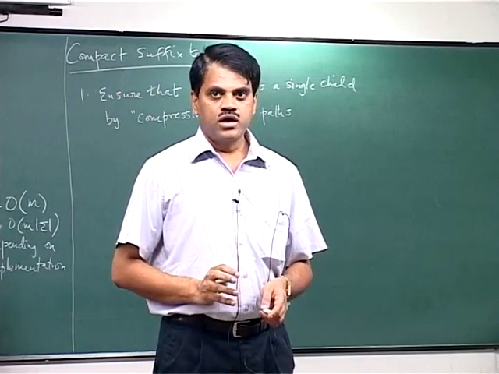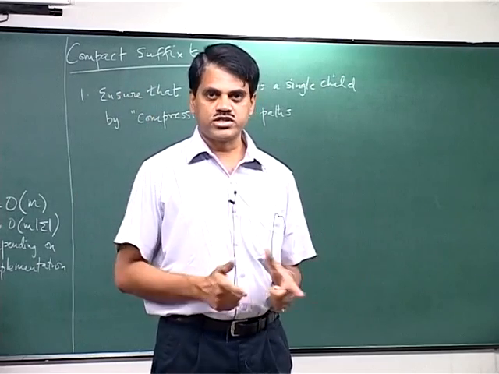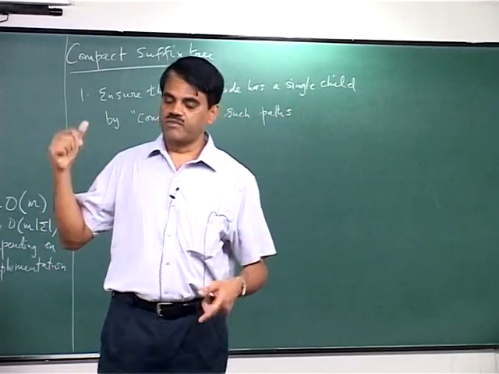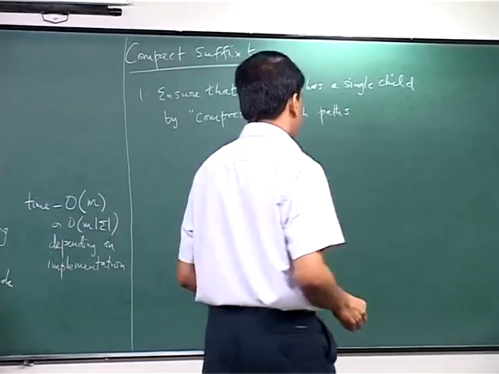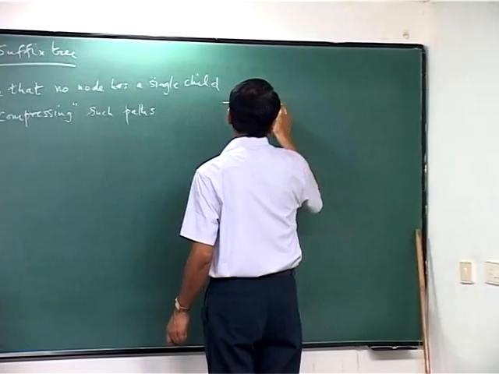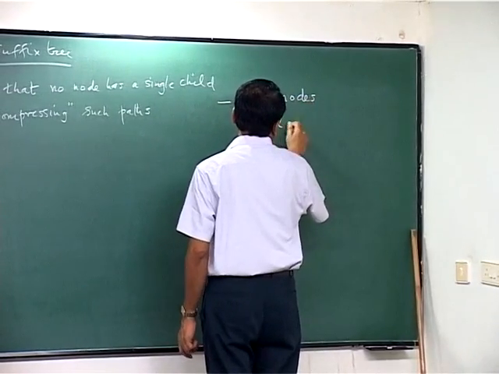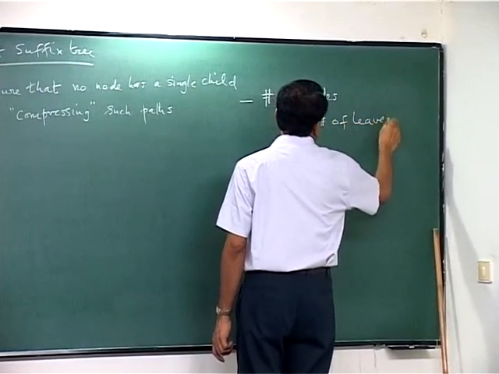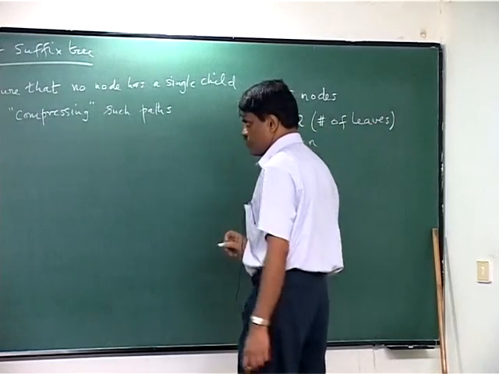Which means, I asked you to verify this, that the total number of nodes is linear in the number of leaves. So the total number of nodes is at most 2n.